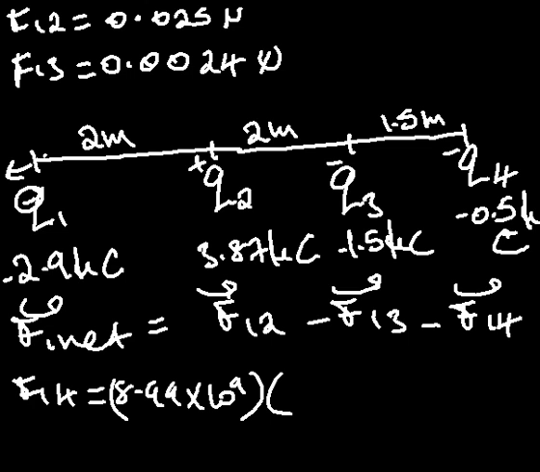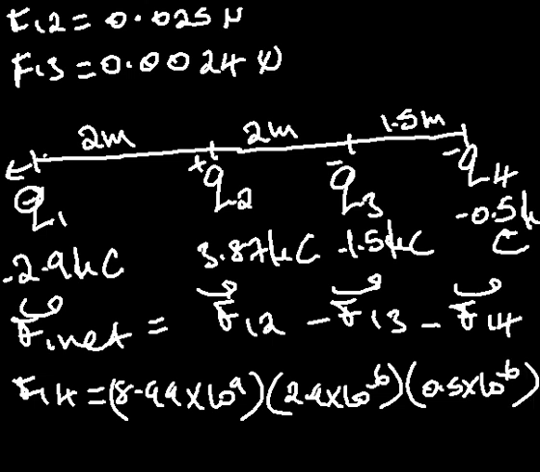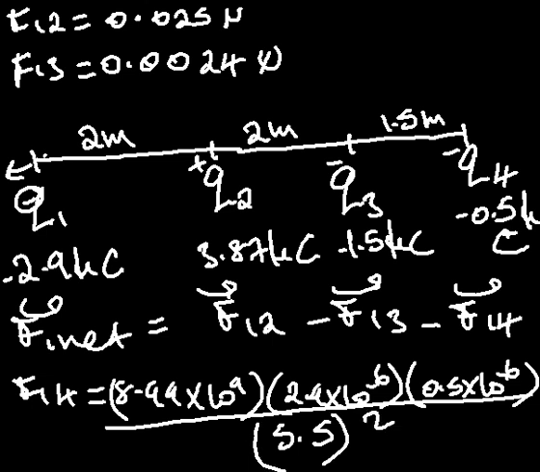We have it as 2.9 times 10 to the power negative 6. And what is the charge 4? That is 0.5 times 10 to the power negative 6. And that divided by the separation distance, which we have as 5.5, and that to the power 2, of course.